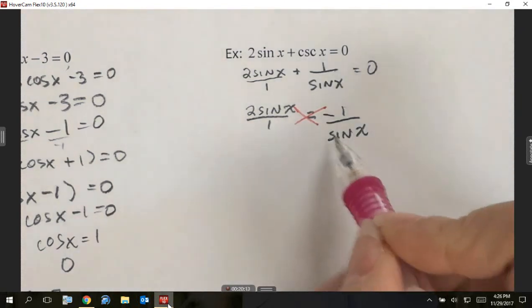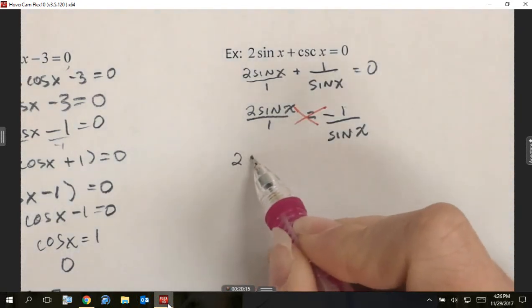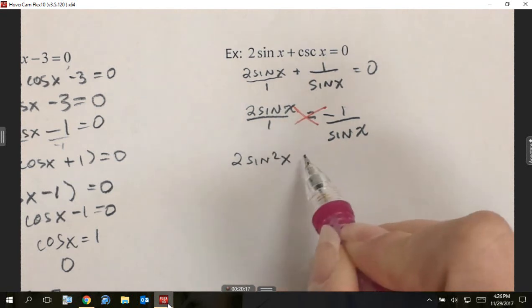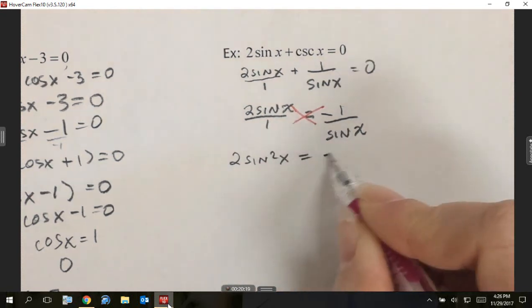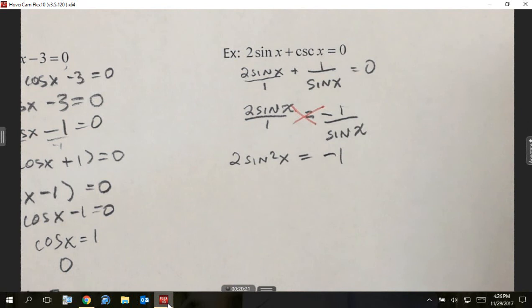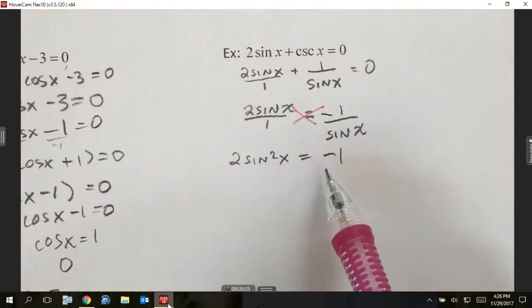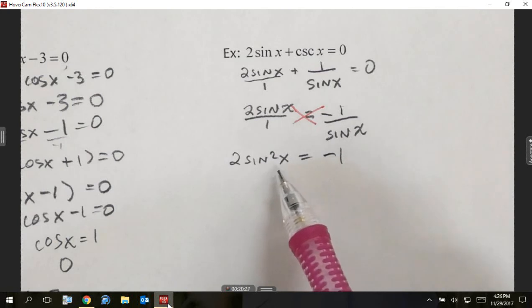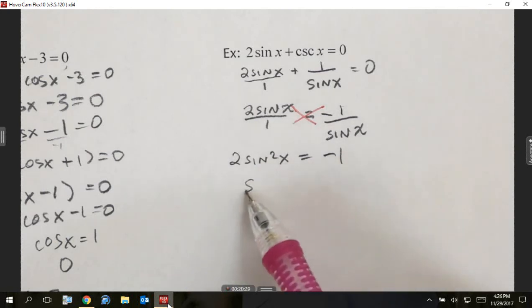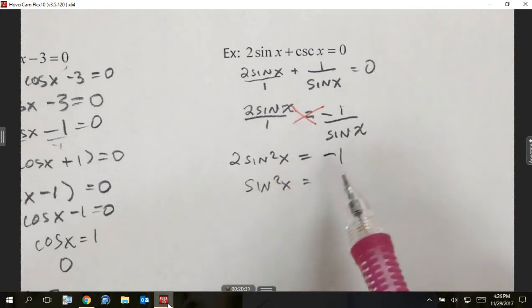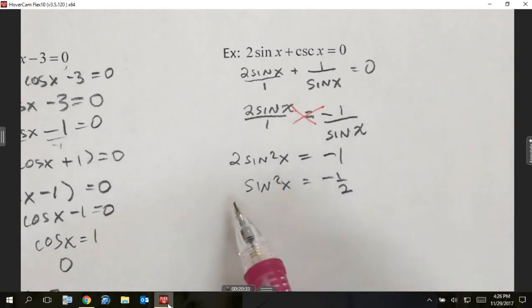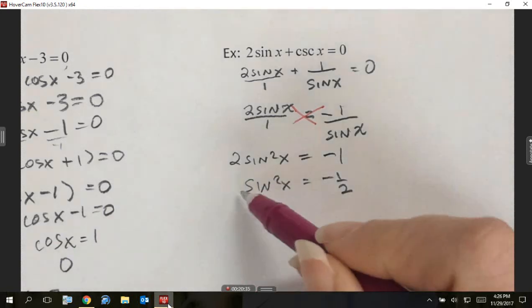And when I cross multiplied, I got 2 sine squared x equals -1. So at this point, I've already almost solved it. I just have to divide by 2, and then square root both sides.